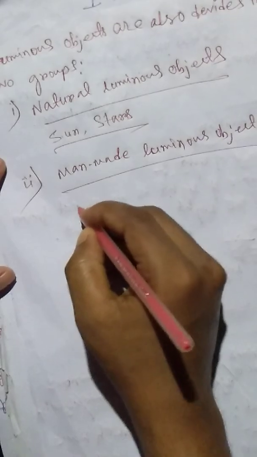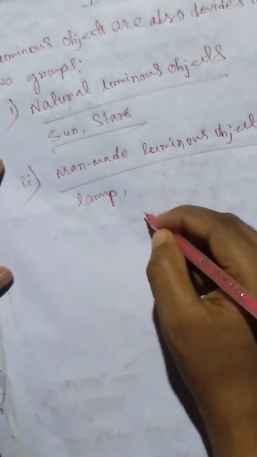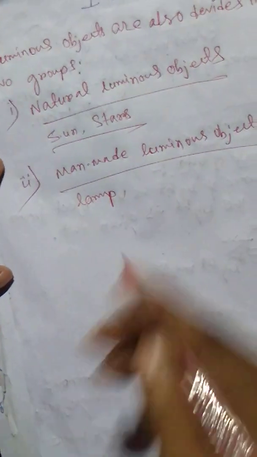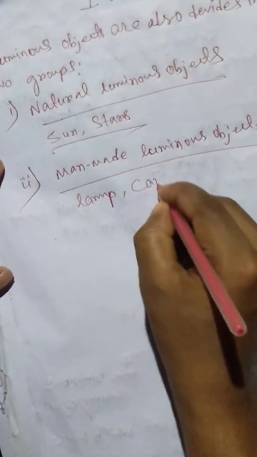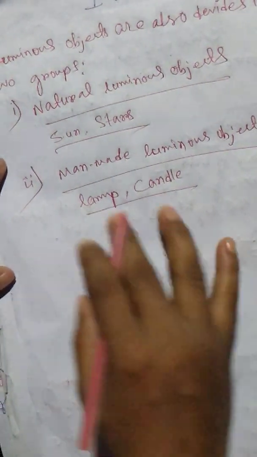Examples of man-made luminous objects are lamp, electric lamp, and candle.